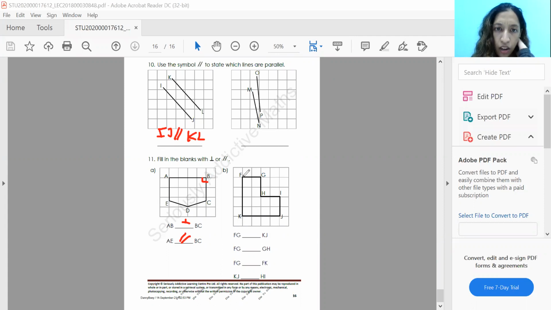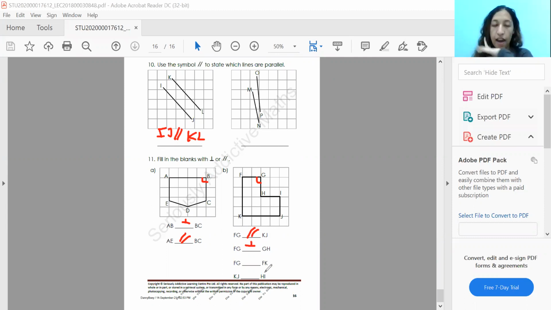Then let us look over here. FG, KG. So yes, they are parallel. They do not have to be the same length, okay, to be parallel. And then FG and GH. They meet, right? They form a right angle, so perpendicular.